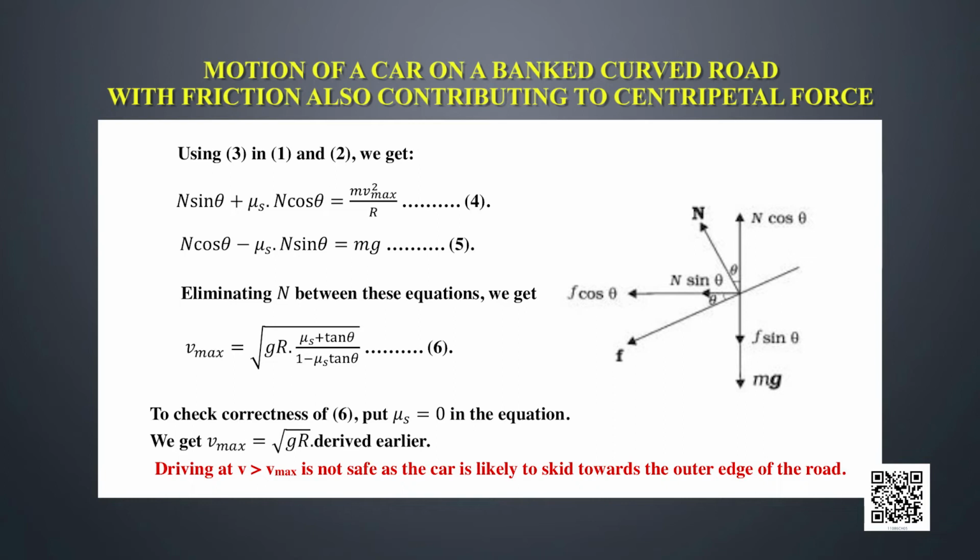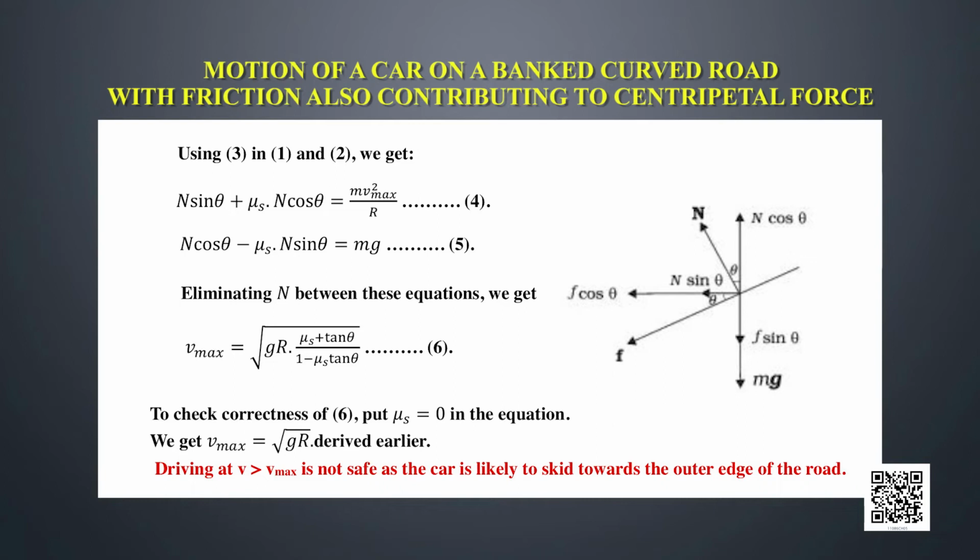So, N cos theta minus mu s N sin theta equal to mg is the condition for equilibrium in the vertical direction because there is no acceleration along vertical. Let's eliminate the normal reaction N between the equations. We get v maximum equal to square root of gr into mu s plus tan theta over 1 minus mu s tan theta.